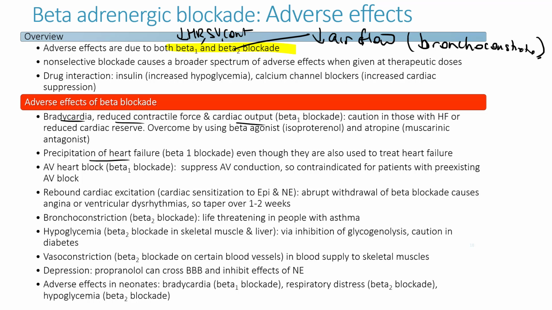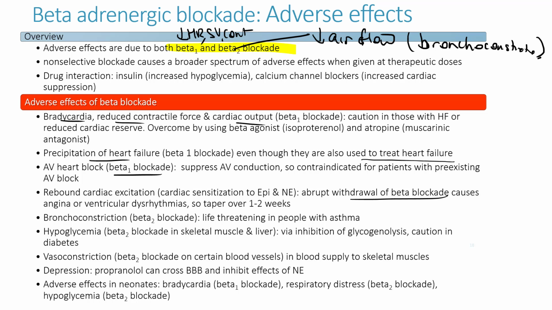You've got precipitation of heart failure, even though they're also used to treat heart failure, so it can actually make heart failure worse. It can cause heart block in the atrioventricular conduction pathway, because it slows it down so much that it can actually block it. It can cause rebound cardiac excitation, especially when the beta blockers are withdrawn suddenly.